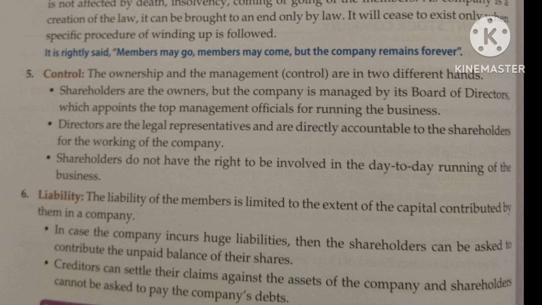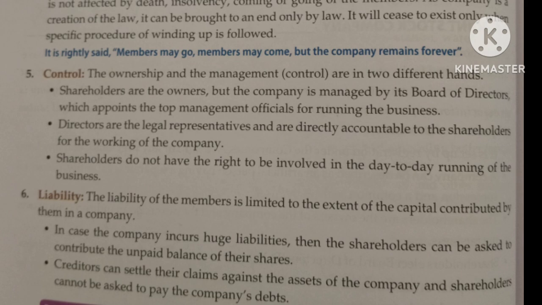Then control. Now it is a very important point. The ownership and the management are in two different hands. First is shareholders, second is directors. So shareholders are the owners, but the company is managed by the board of directors, and the board of directors depends on the number of shares a person has purchased.